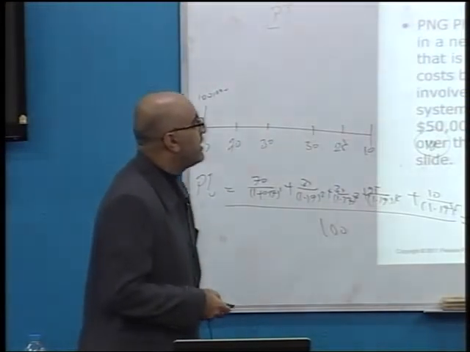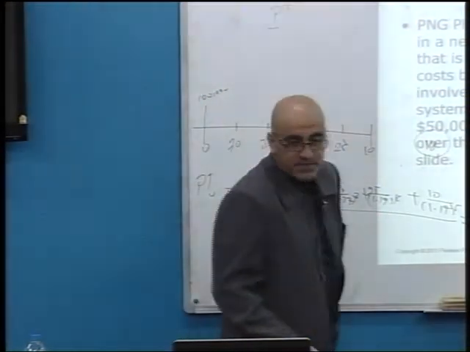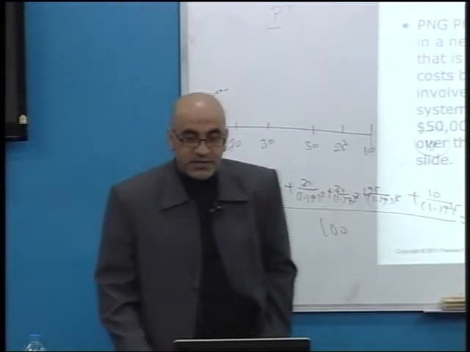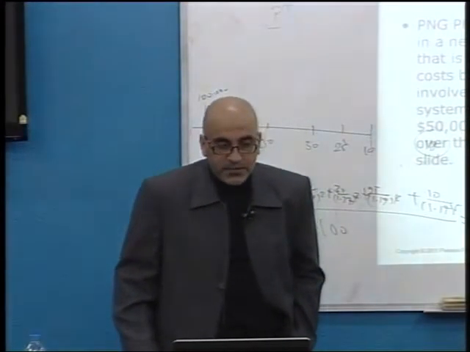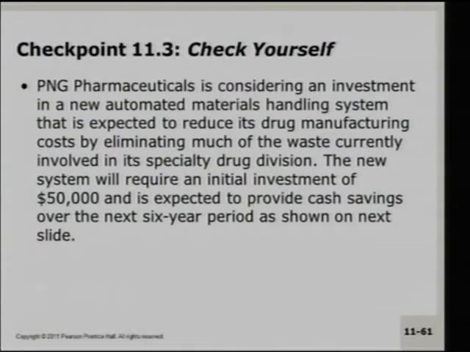P&G Pharmaceutical is considering an investment in a new automated materials handling system that is expected to reduce its drug manufacturing costs by eliminating much of the waste currently involved in its specialty drug division. The new system will require an initial investment of $50,000.